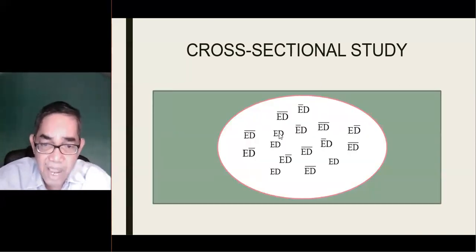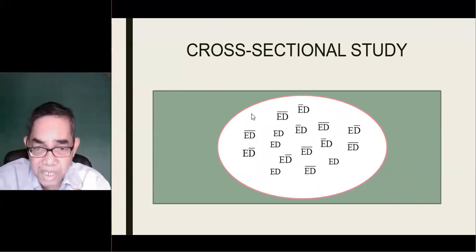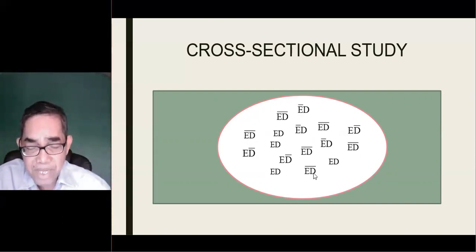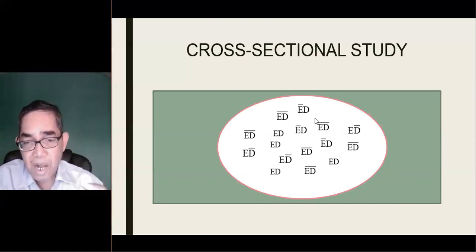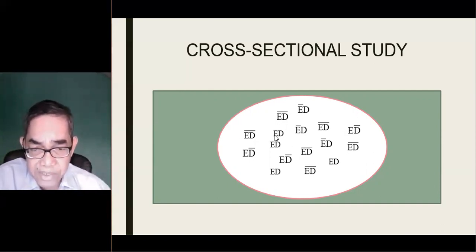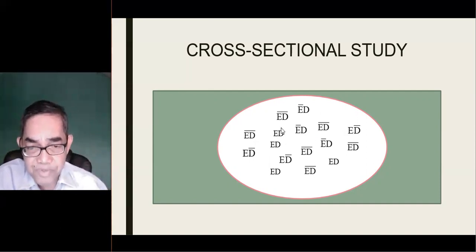Okay, so let's have this diagram of a cross-sectional study. We have here a group of people in a population. In a cross-sectional study, we look at the population at one point in time. We look at them as either without exposure and without the disease, or with exposure or with the disease, and so on and so forth.